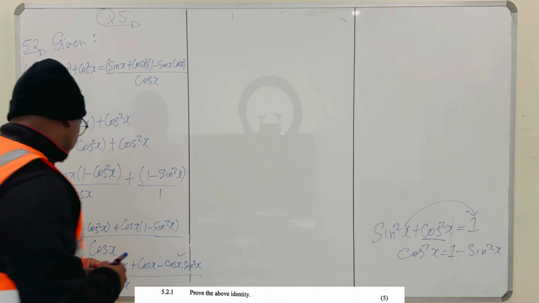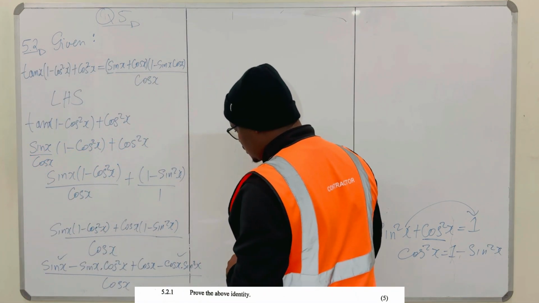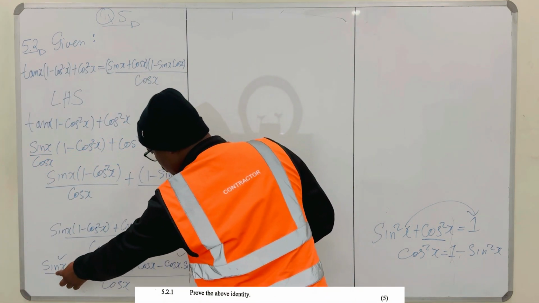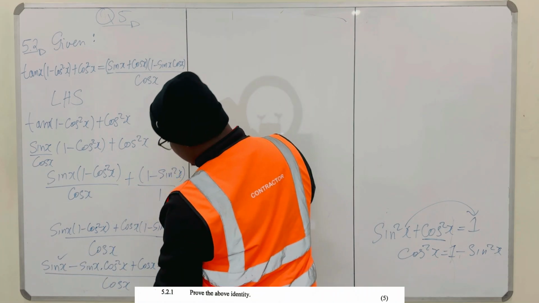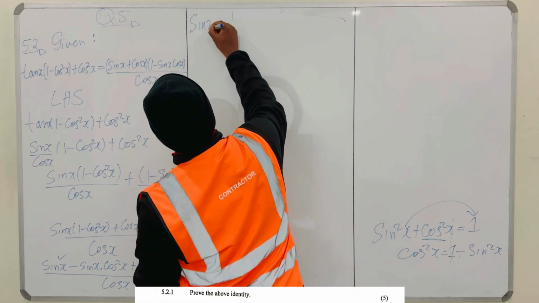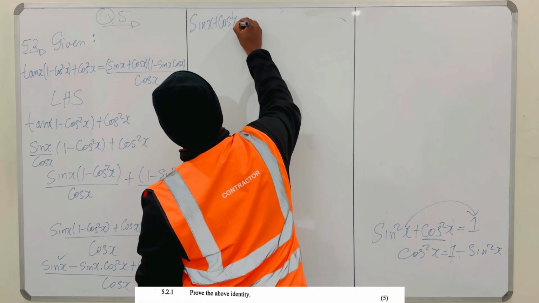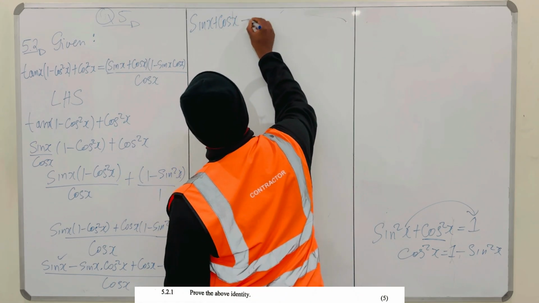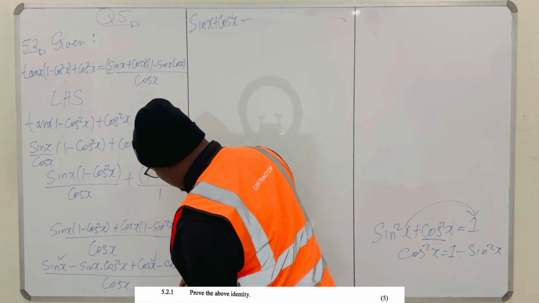So let's do that. How are we going to do this? Let's just group these two together, the simple ones, this cos x and sine x. So we have maybe sine x plus cos x, right? Minus, so you have grouped this one and this one.